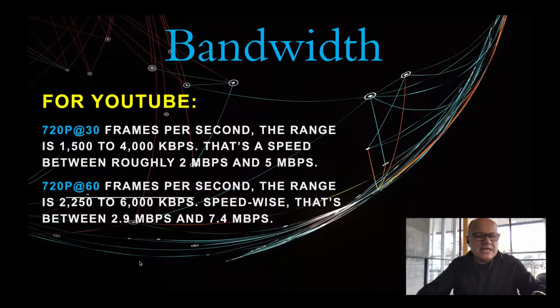Now check this out. For YouTube at 720 30 frames per second, the range that you see down here is between 1500 to 4000 kilobits, which means it's about 2 megabits to 5 megabits per second for a 720 stream.